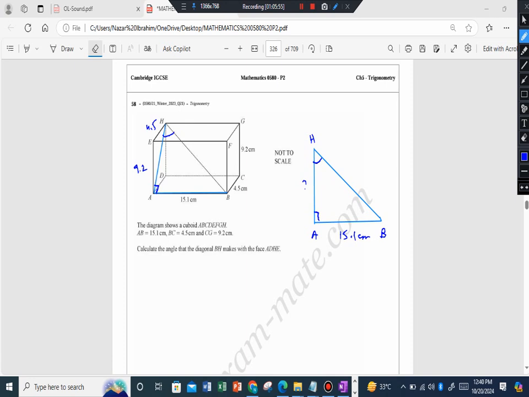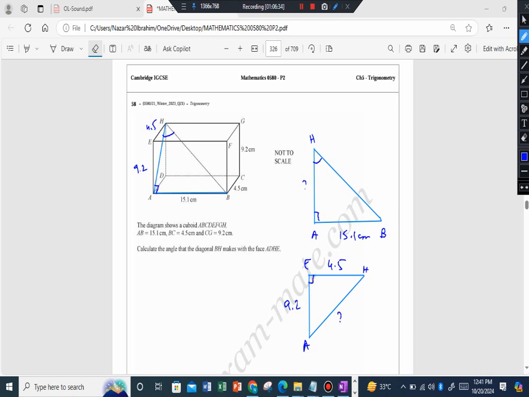So let's consider another triangle, E, A, H. This is E, this is H, and this is A. We know EA, that is 9.2. We know EH, that is 4.5, and AH is required.